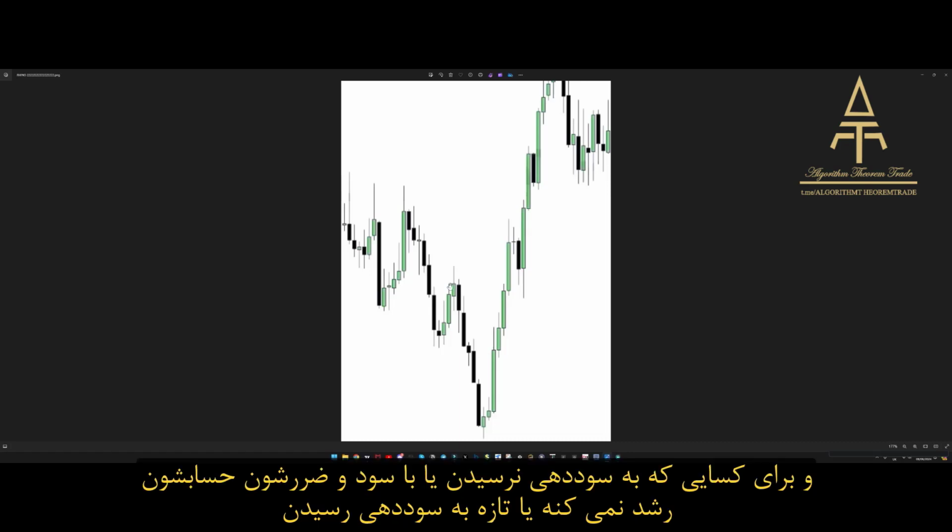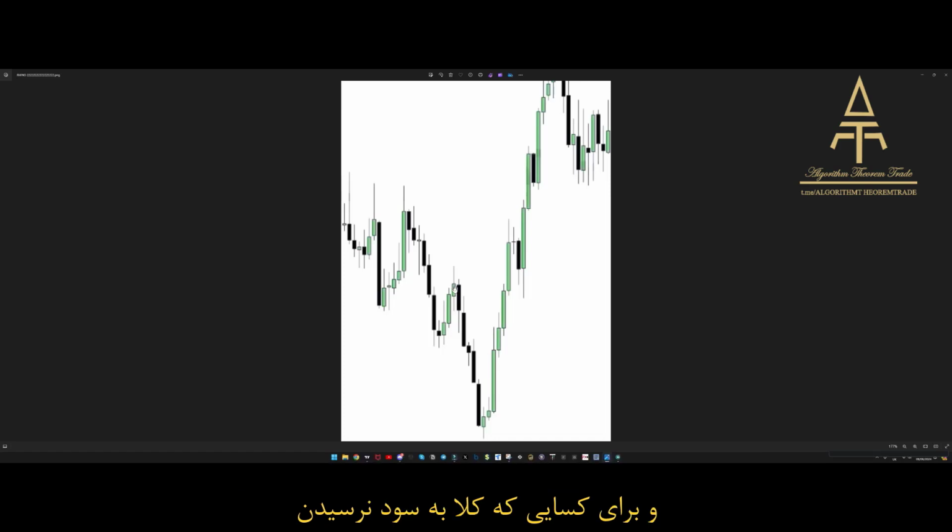Okay, and for those of you that are not profitable, or are on the way from break even to just getting profitable, and for those that are just not even profitable, this is the only entry model you should be looking for. This is it. This is the only one. That's what I advise personally.